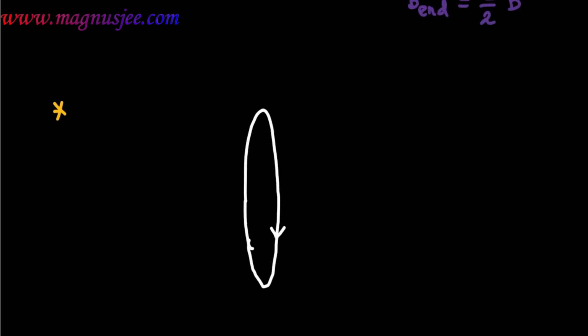We can draw a diagram of a turn. Current I will be flowing upwards with respect to the rear view, or rear face, back face of the turn, and this is the rear view of the turn. And this is the front view of the turn.